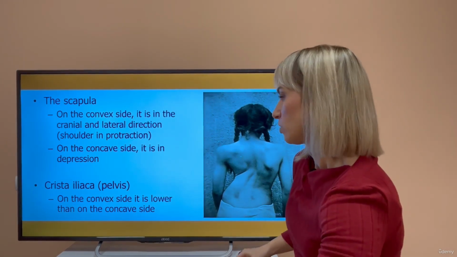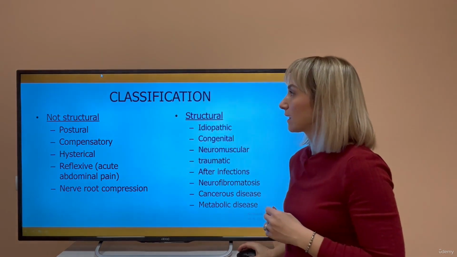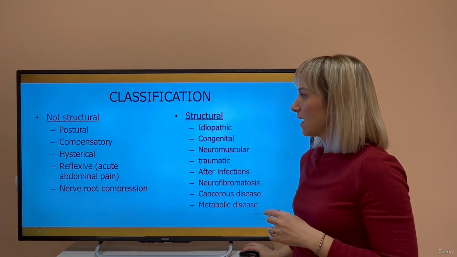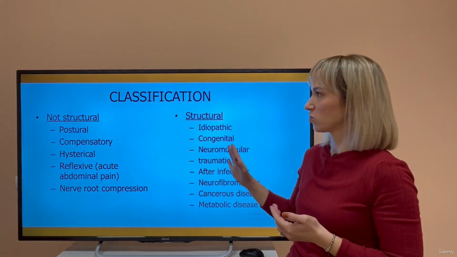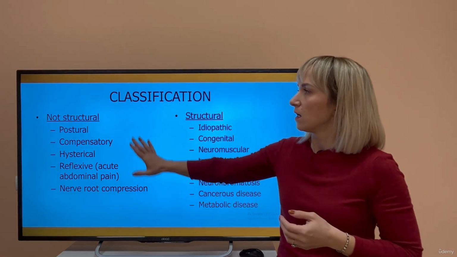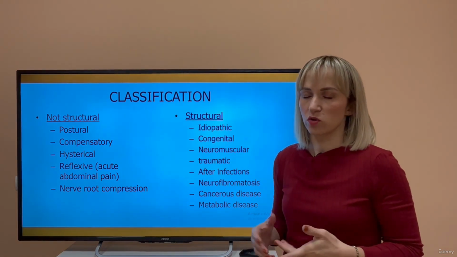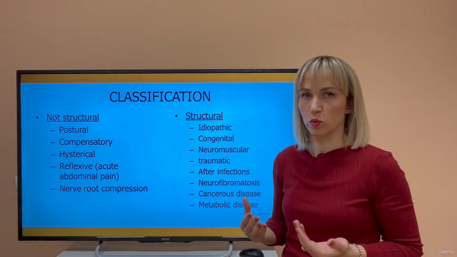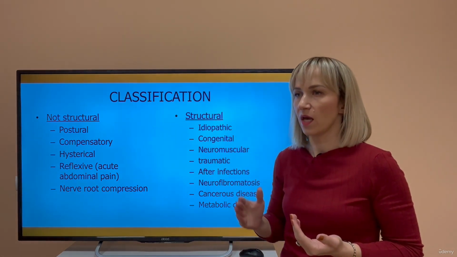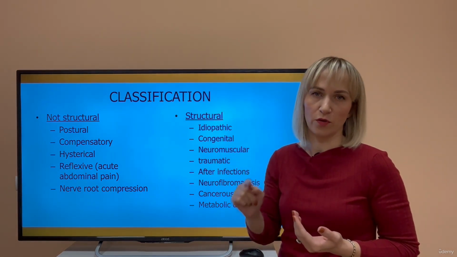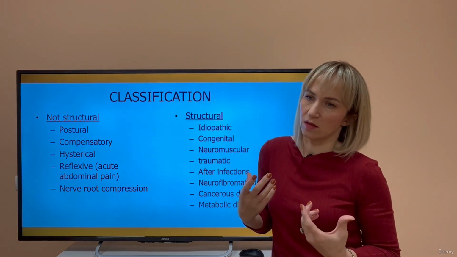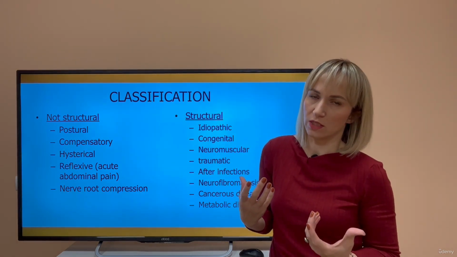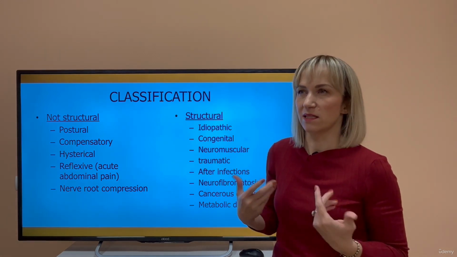Now, we are going to talk about the classification of the scoliosis. In the classification, we have the non-structural scoliosis and the structural scoliosis. Non-structural scoliosis is mostly postural scoliosis, which means that we don't have a real structural deformation of the spine, but the patient just stays in a scoliotic posture, or it's against the pain.